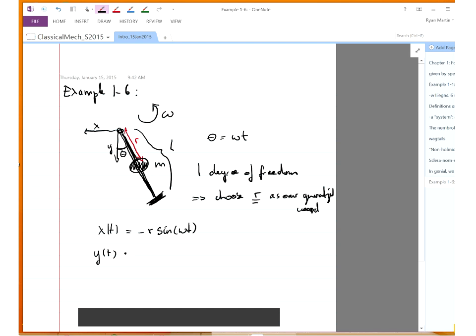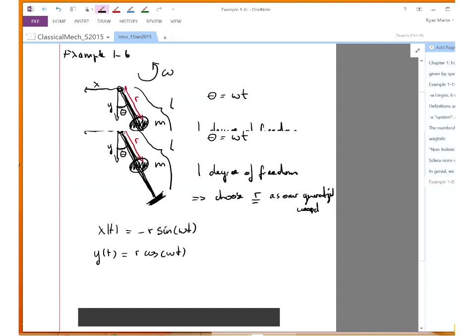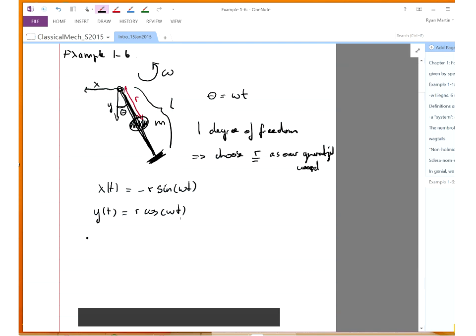And then y of t is going to be positive r cosine omega t. Right?